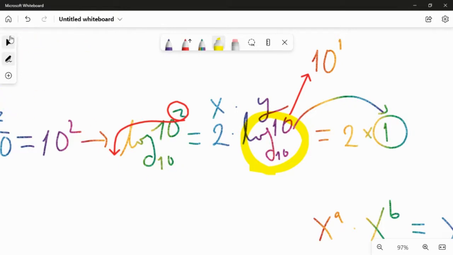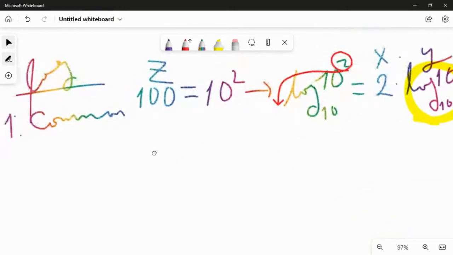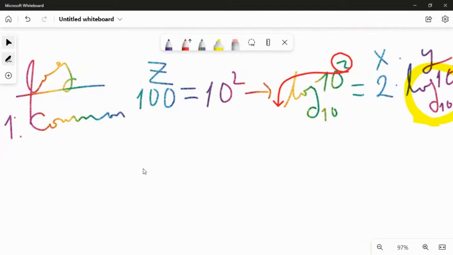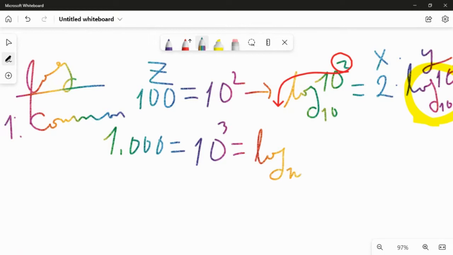And suppose we apply this to other numbers. What if it is 1,000? Just 10 cubed, right? Through the same process, base 10 log of 10 cubed, 3 times 1, will be 3.